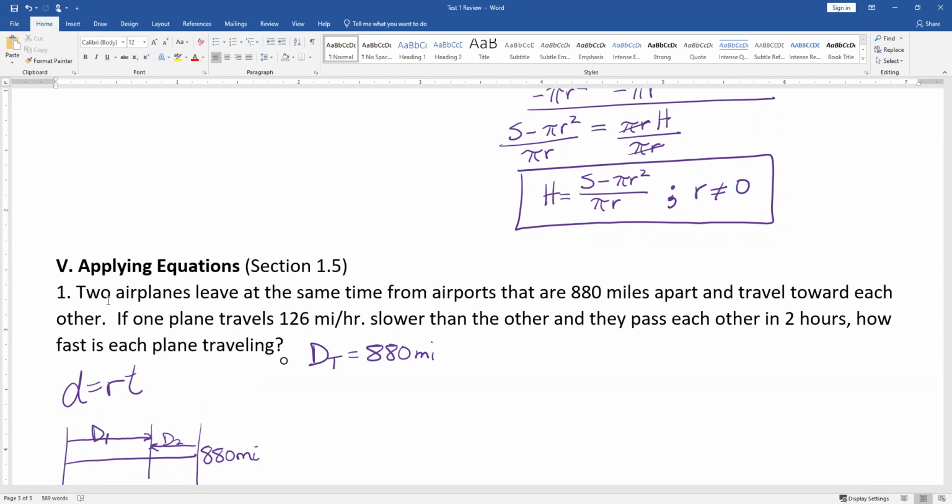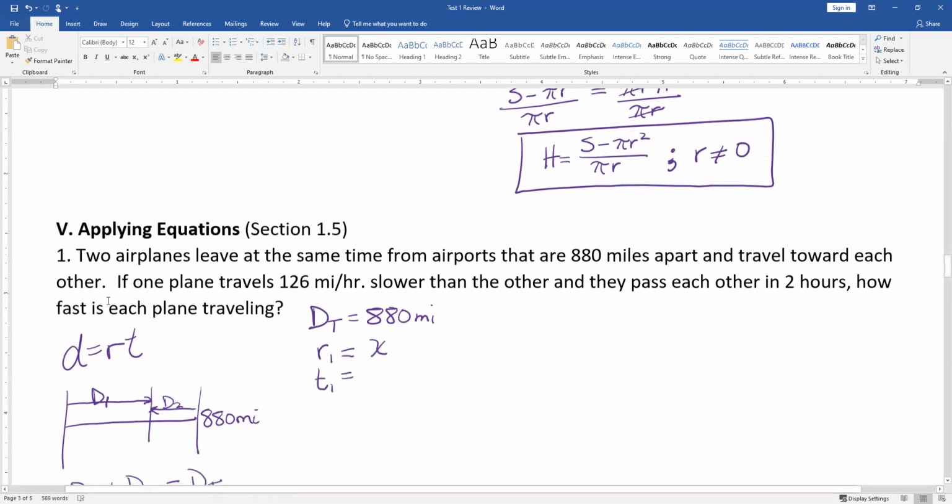All right, so what about the first plane? In this case, our distance 1. So we have a rate for the first plane and a time for the first plane. In this case, this is the plane that was traveling faster. So do you want the fast plane to be our X? Okay, so we're going to solve for the speed of the plane that's going faster.